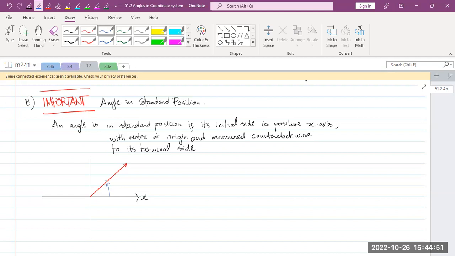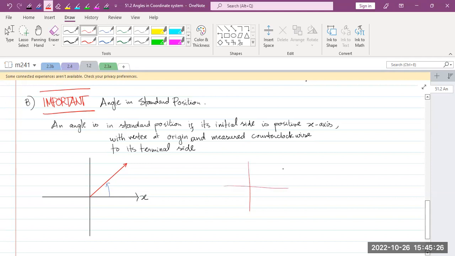Now, why is this so important? Because from now on, every angle that we apply to a coordinate system, unless otherwise stated, must be in standard position. For example, suppose I say, consider an angle in the coordinate system, the angle 30 degrees. You don't need to ask further, 30 degrees from where, in which direction.